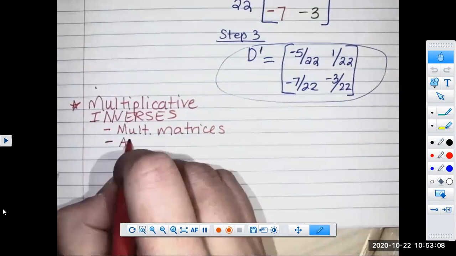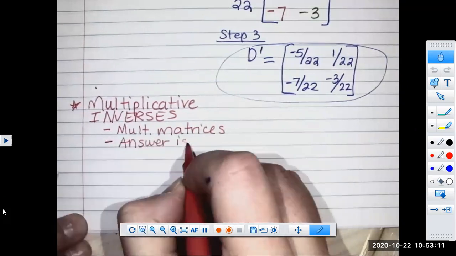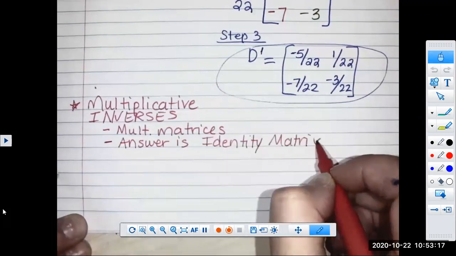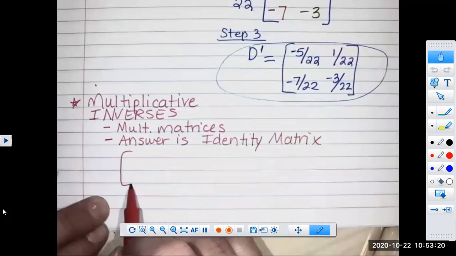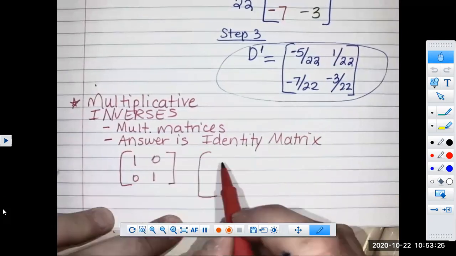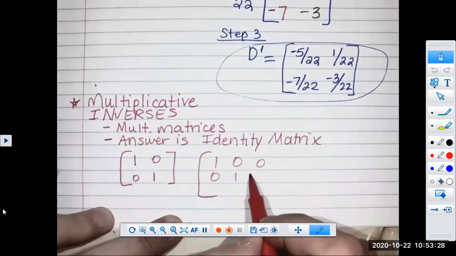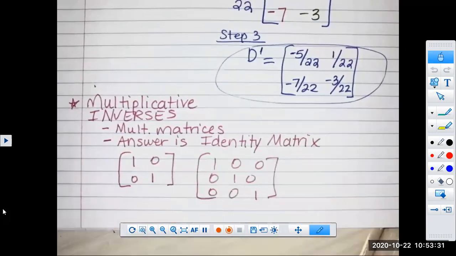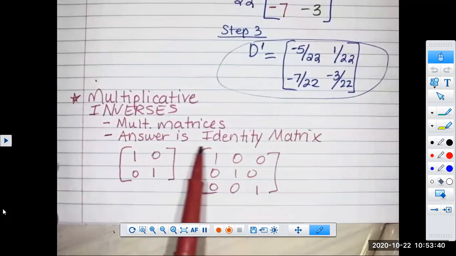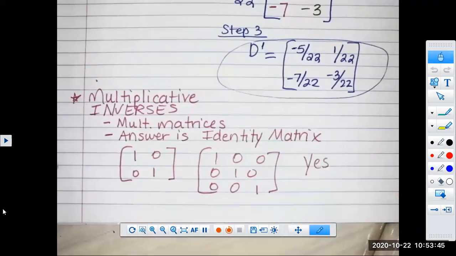If your answer is what we call the identity matrix, do you remember when we did the Gauss-Jordan method by hand? For a 2x2, we had ones along the diagonal, zeros everywhere else. For a 3x3, you had ones along its diagonal, and of course 4x4, and so on. If you multiply any two matrices together and get ones along the diagonal, zeros everywhere else, then yes, they are multiplicative inverses. If that's not what you get, then no.